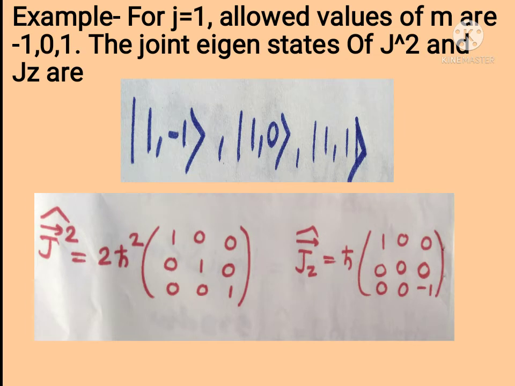For small j equal to 1, m takes values minus 1, 0 and 1, and we get matrices for J square and Jz.